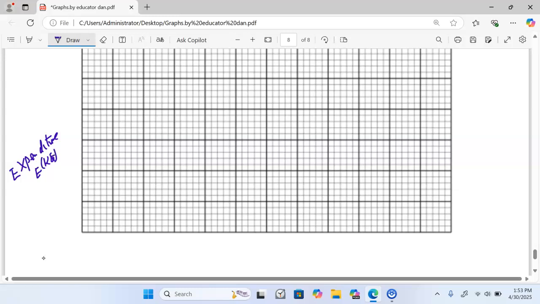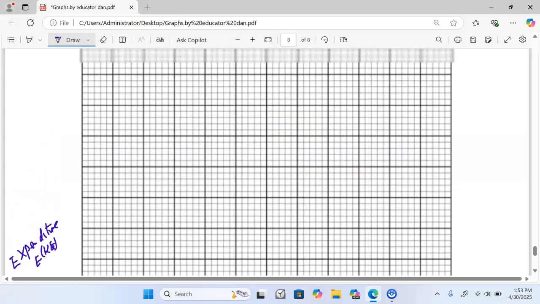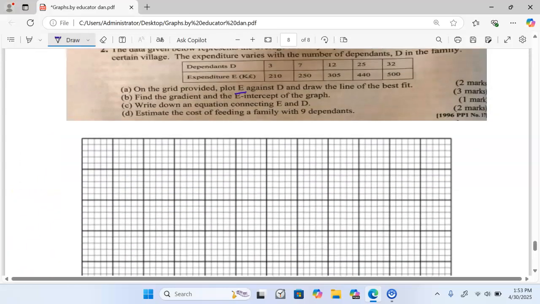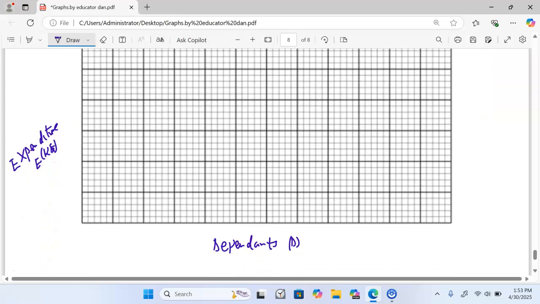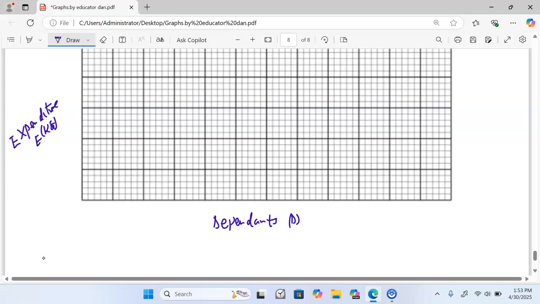We are also going to have dependents on the x-axis, which is D. The number of dependents ranges between 3 and 32, so we can choose a scale of 1 centimeter to represent 5 units. If this is 0, we are going to have 5 here.